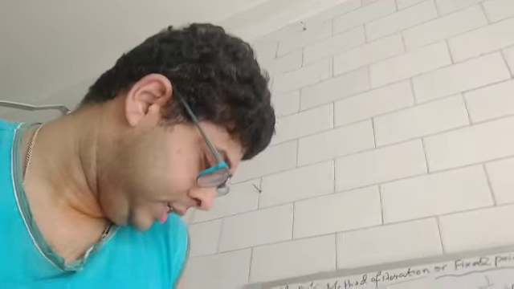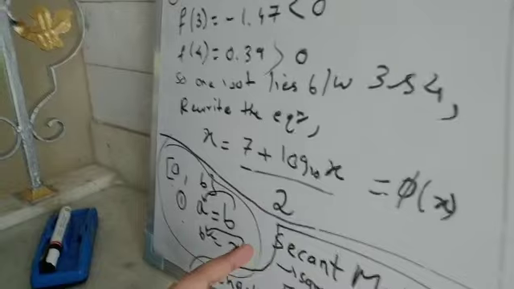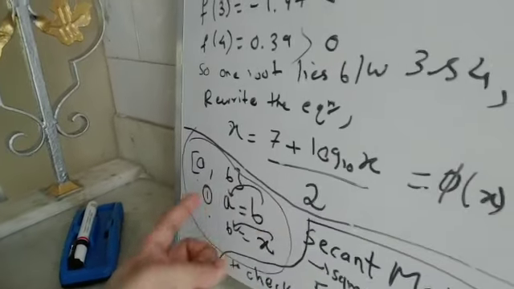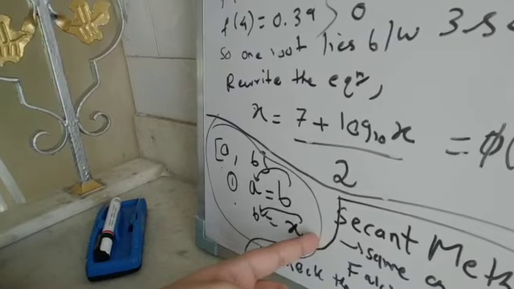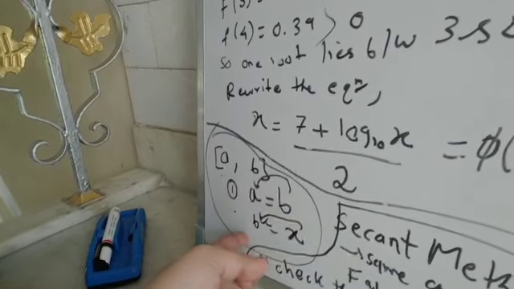But in the secant method, you need not check the sign. What you can do is simply this: your b will become your a, and the previous value of x will become your b.